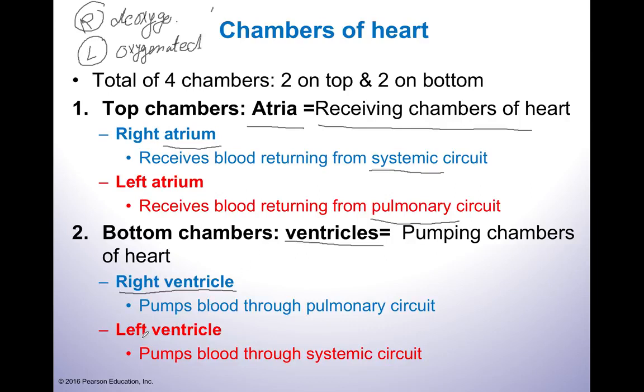But the left ventricle has oxygenated blood, and therefore the oxygenated blood has to go to your body through your systemic circulation. Connecting to a point we discussed for blood vessels, the main blood vessel coming off of the left ventricle would be the aorta, which is the largest blood vessel that you have in your body.